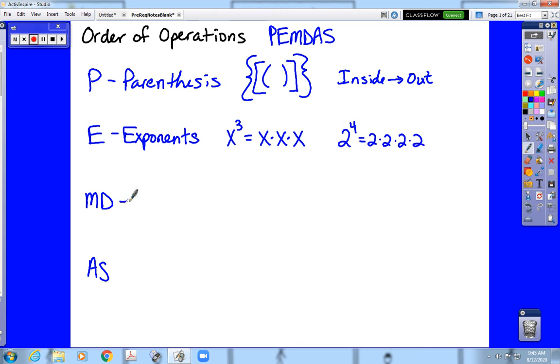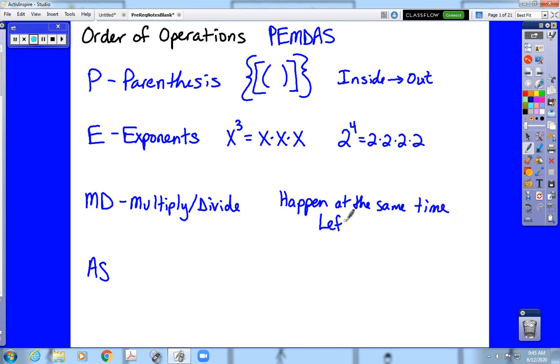Okay, M and D stand for multiply and divide. Keep in mind that these are really the same thing. Division is just multiplication by a fraction, so they always happen at the same time. And we always move from left to right, always. So we work from the inside out, and we work from the left to the right.